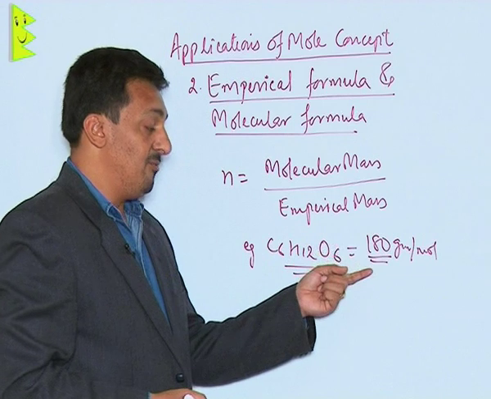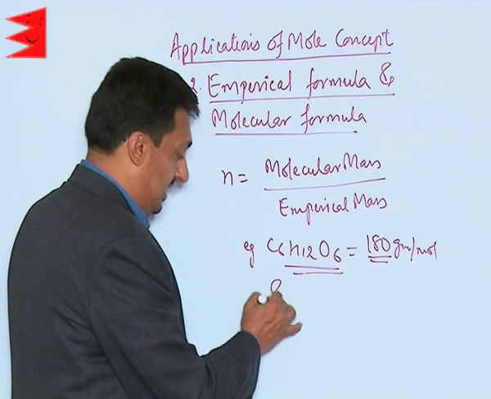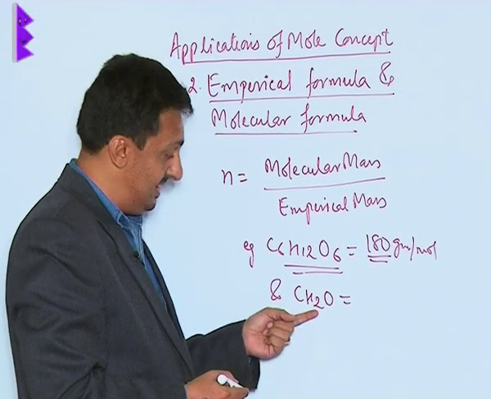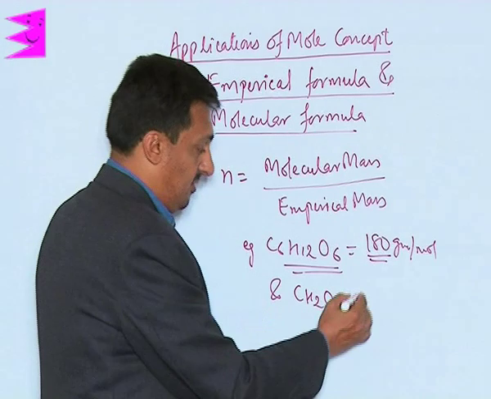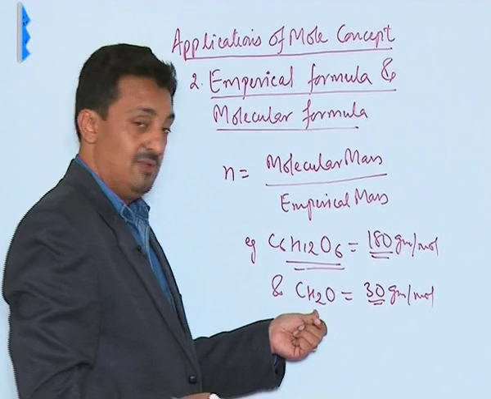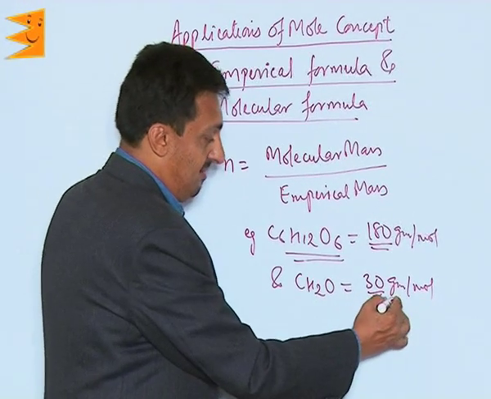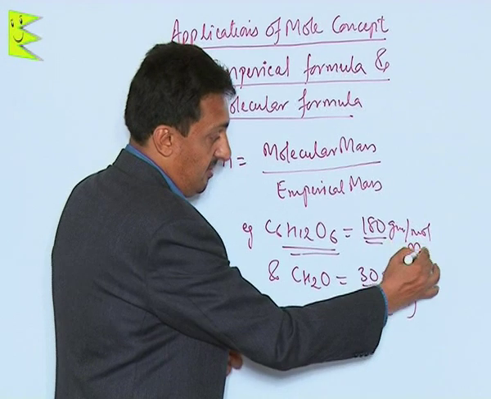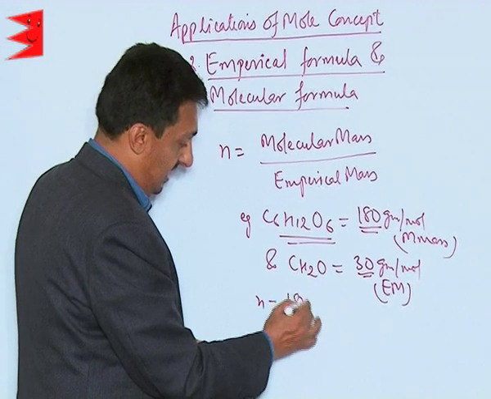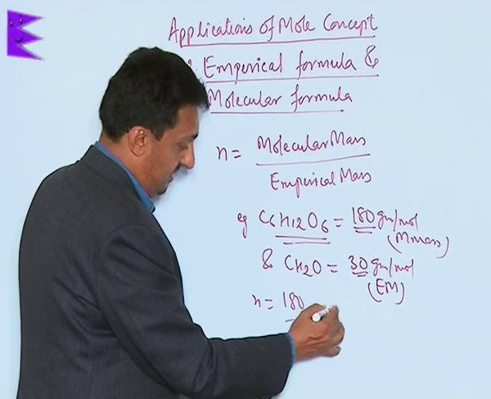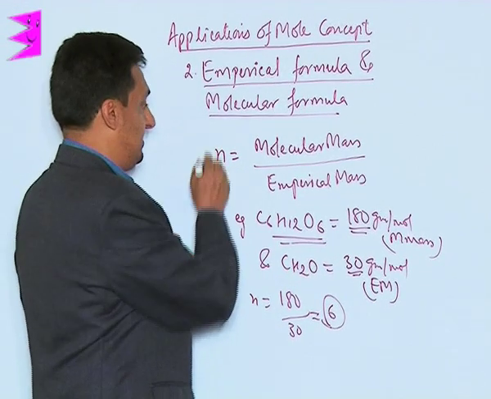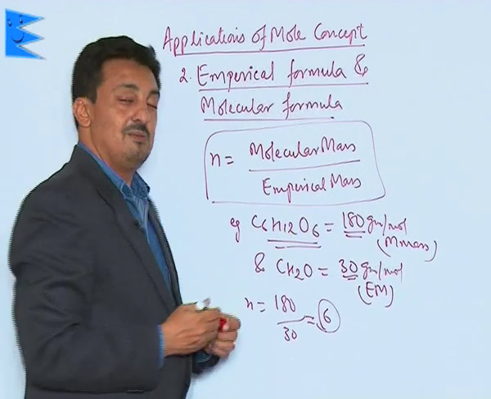So the molar mass of glucose is 180, and its empirical formula CH2O has 12 plus 2 plus 16, which is 30 grams per mole. This is the empirical mass. So this is your empirical mass, this is your molar mass, and to find n, it is 180 by 30, which gives you 6. So this is how we have got this 6. So this n is always the ratio of the molecular mass over the empirical mass.